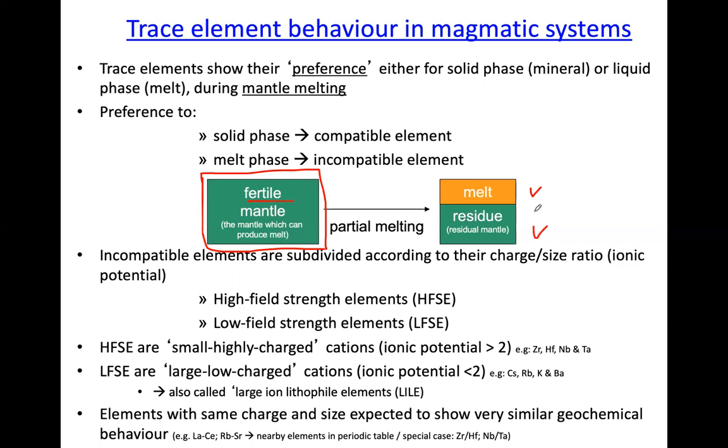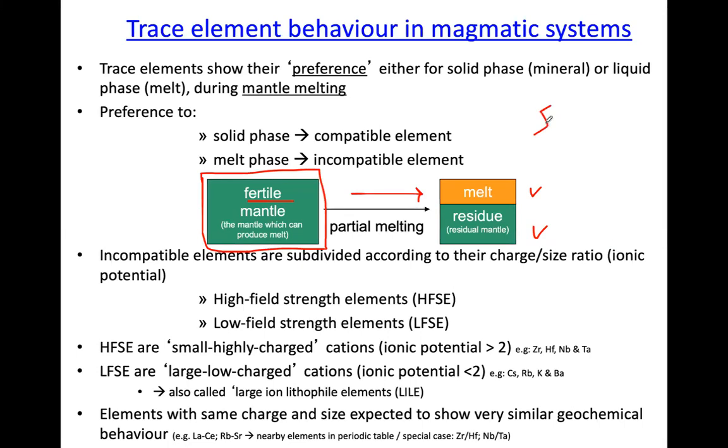So since the single phase has now evolved into two phases, solid and liquid, the elements can behave differently, because some elements like solid phases while some elements like liquid phases. So now the partitioning can take place, right?